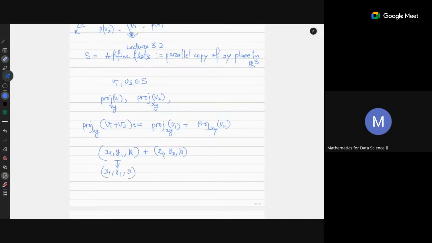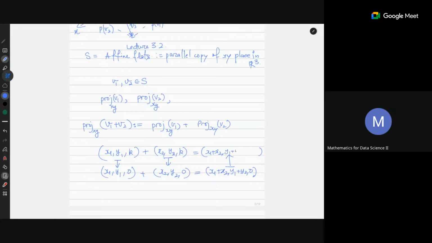What about the second vector? X2, Y2, 0. Now you add them. What is the addition? x1 plus x2, y1 plus y2, 0. Right. Now you look at the image. What will be the corresponding point? If you project onto the XY plane, you will get this. 0 will become K and the rest will remain exactly the same.